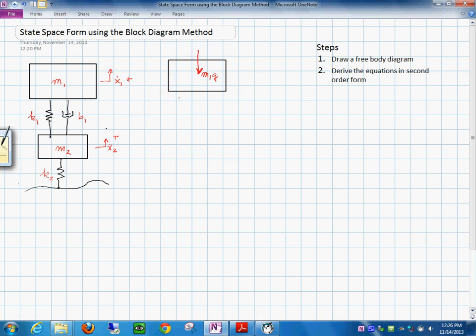If that's true, this spring is going to pull it back in here, and you're going to have a force that says k sub 1 that multiplies x1 minus x2. And on this other one, you're going to have also a b sub 1 that multiplies x1 dot minus x2 dot, like that. So this is the free body diagram for this first mass.